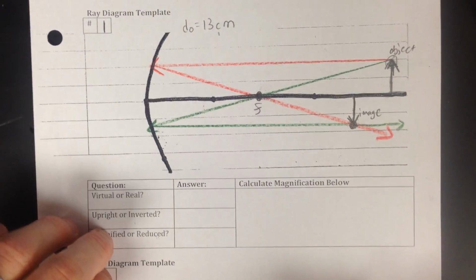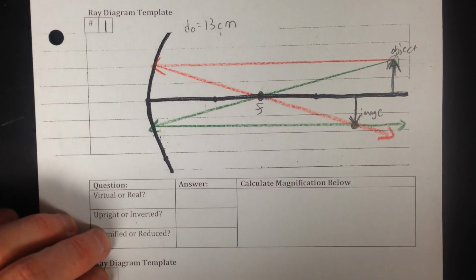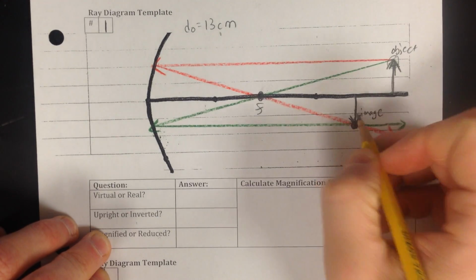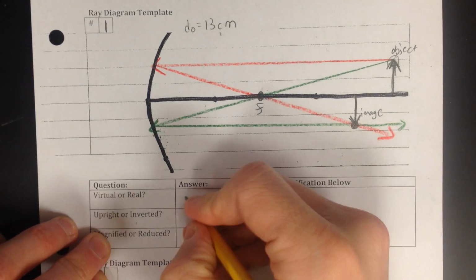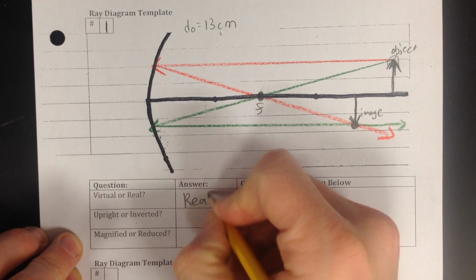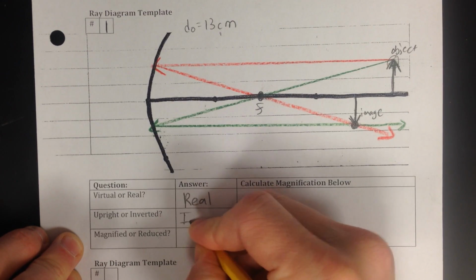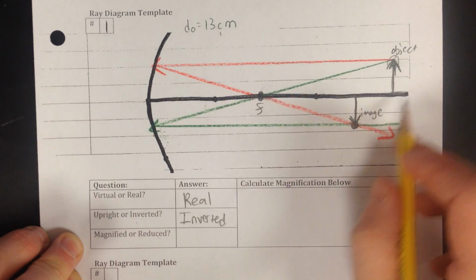There we go. So now we're going to describe this image. Is it virtual or a real image? Well, the image occurs in front of the mirror, so you could catch it on an index card like we did with the flame. That means it's real. Is it upright or inverted? Clearly inverted, because the light intersects below the principal axis.